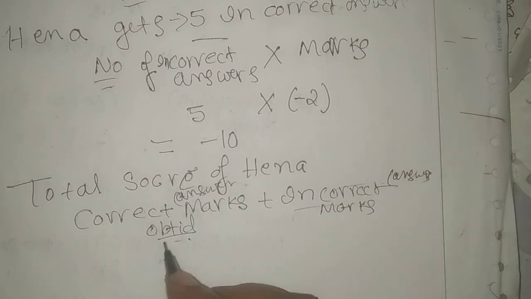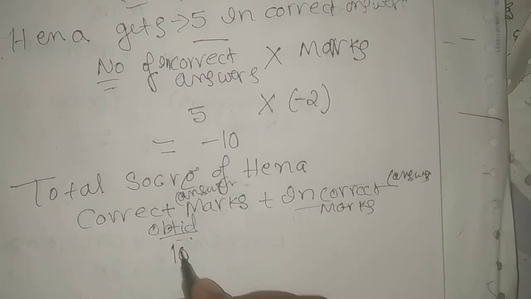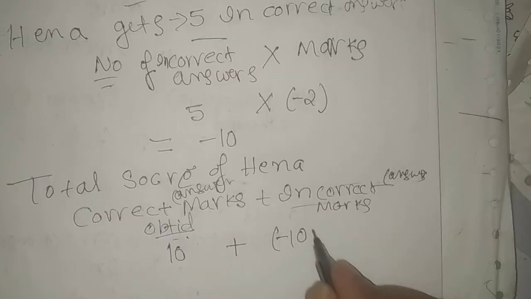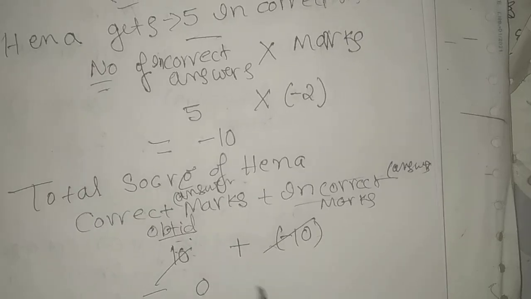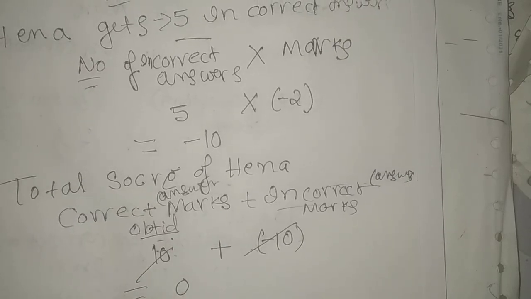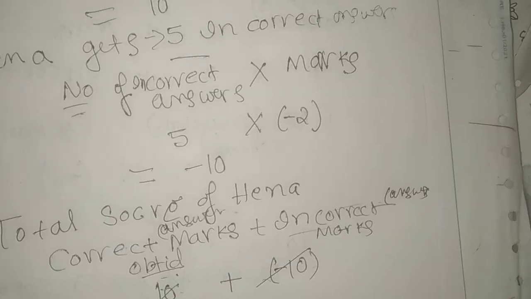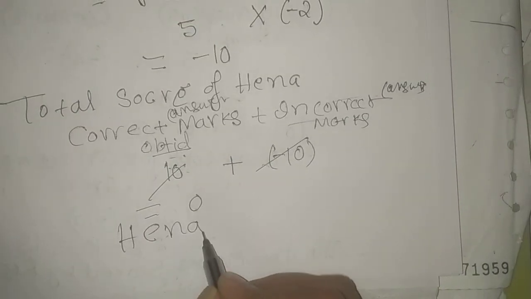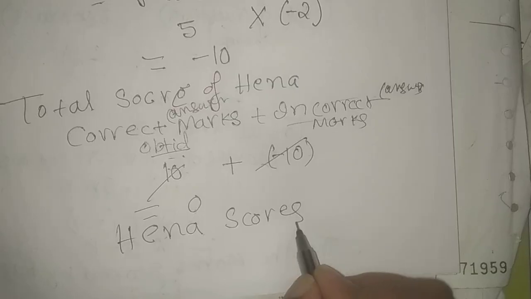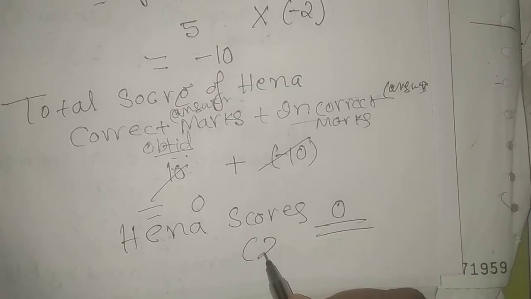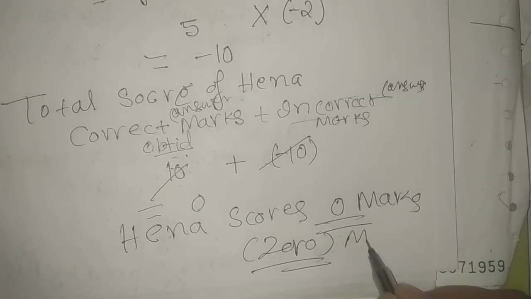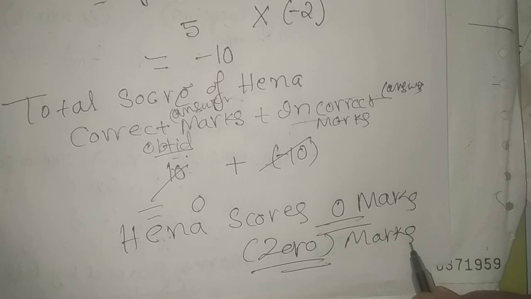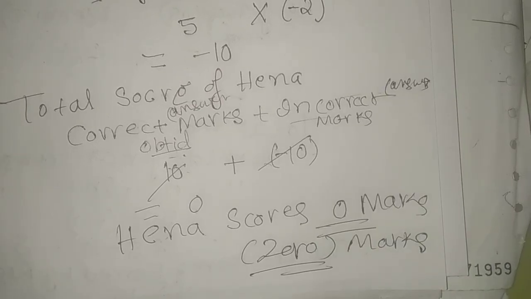Add both. So what do we get? Correct is 10 plus incorrect is -10. Therefore, cancel this, one is positive, one is negative. So Ina finally scores 0 marks. That is nothing. So this is the solution for question 7, third problem.